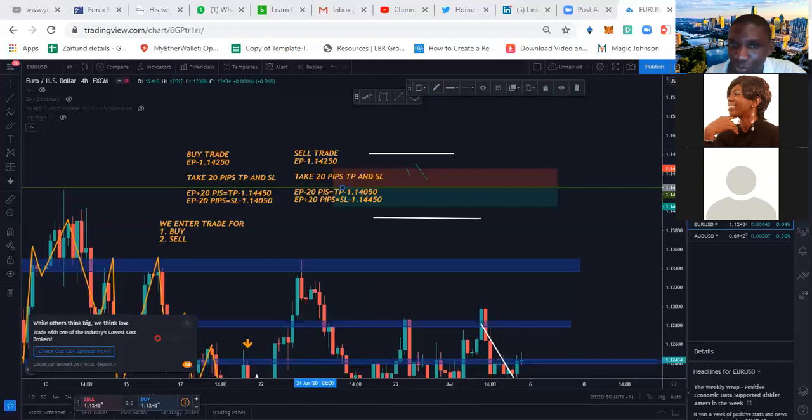A red candle is following a green candle, so price is coming down. For the other one, a green candle following a red candle, price is likely to go up. So that is a bullish railroad, and the other one is a bearish railroad.